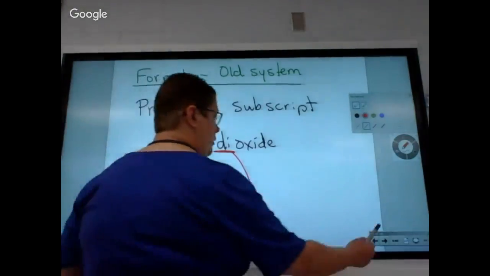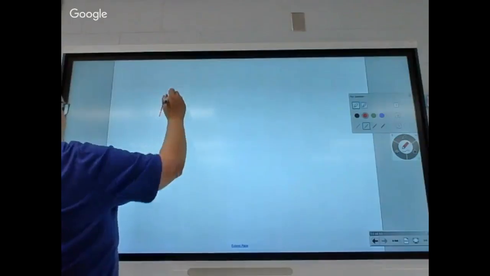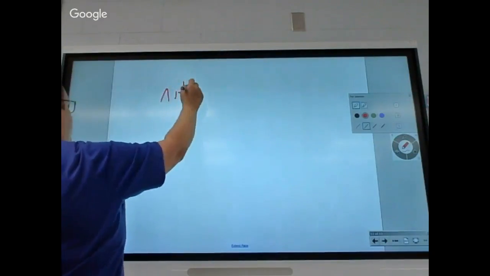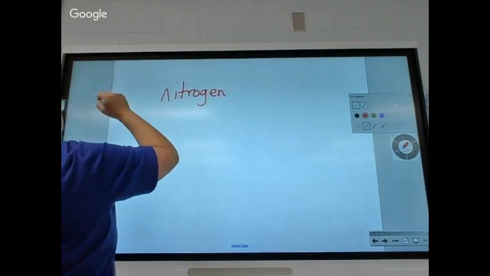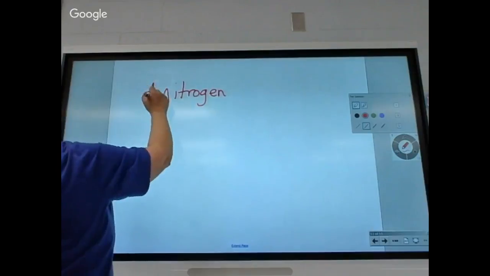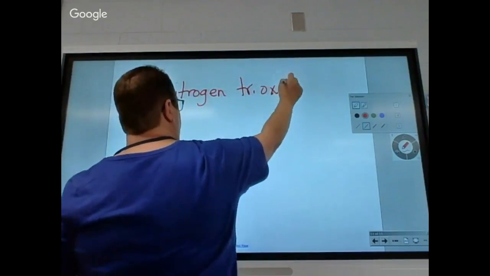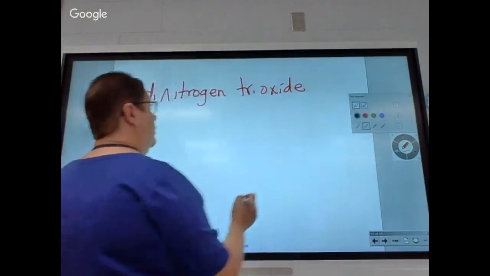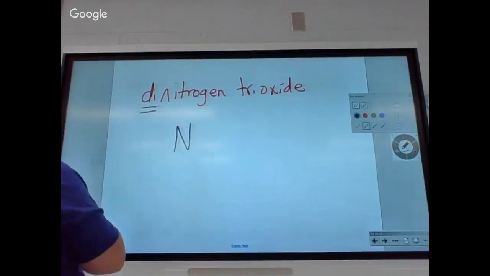So, if I have like N2, whoops, I'm writing the formula again. Nitrogen, let's make it nitrogen trioxide. All right, so now I want to write the formula. All right, I have nitrogen, right? How many do I have?